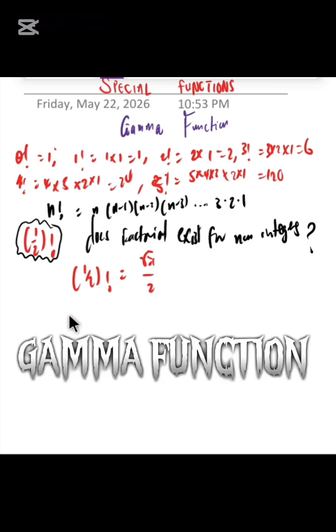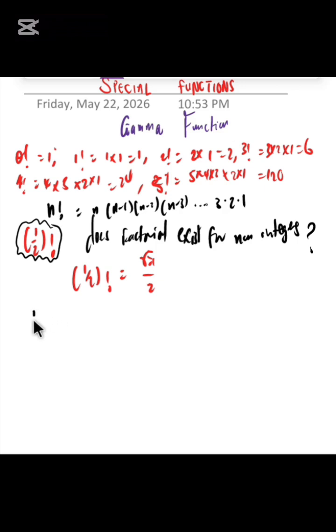Very beautiful, the gamma function, which says that gamma of n equals the integral from 0 to infinity of x raised to the power of n minus 1 times exponential negative x dx.